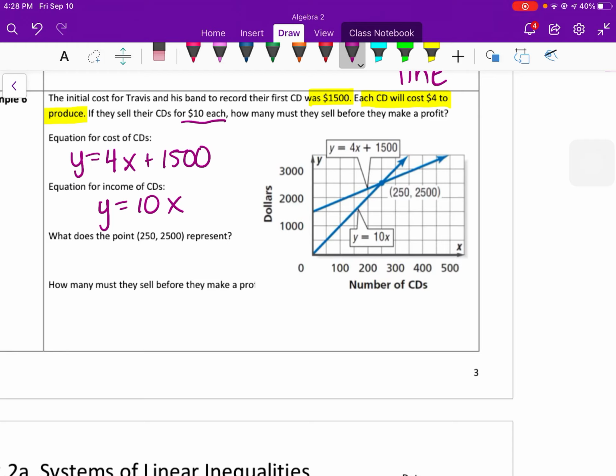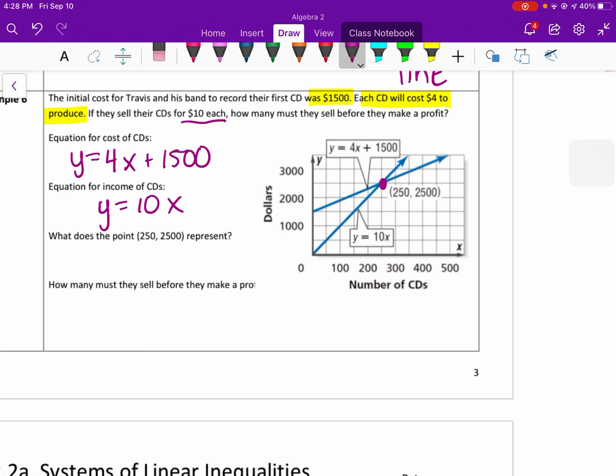You can see this graphed over here to the right, and it asks, what does the point 250, 2500 mean? So that is right here where these two equations intersect. That's where the cost for the CDs and the income of the CDs intersect.